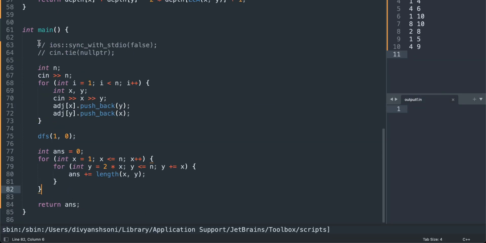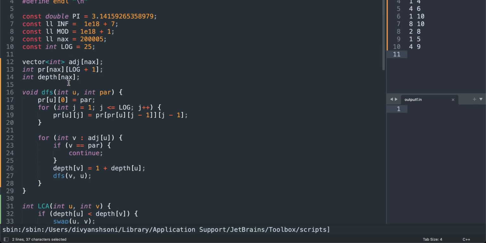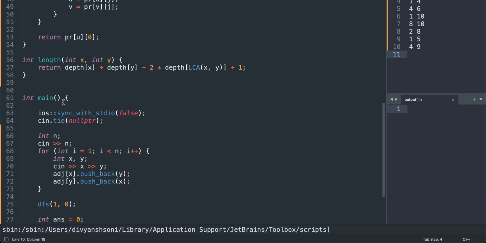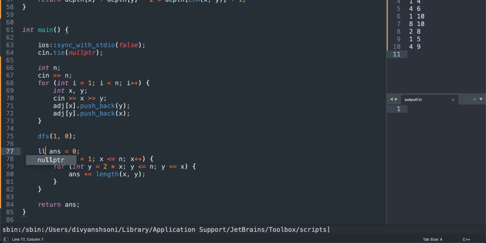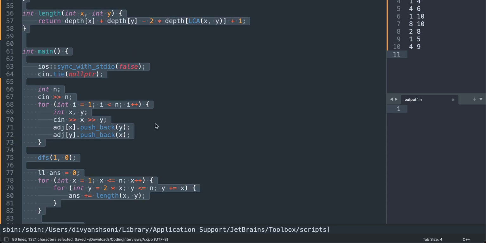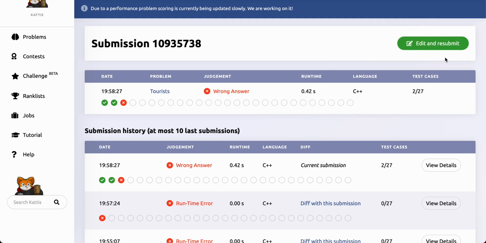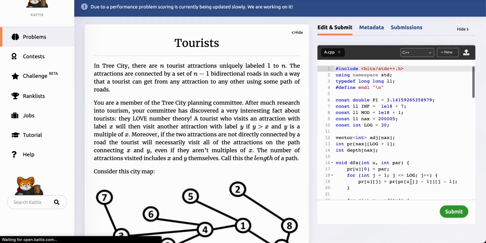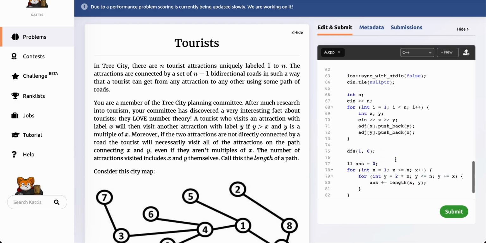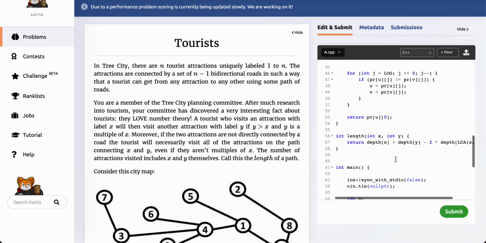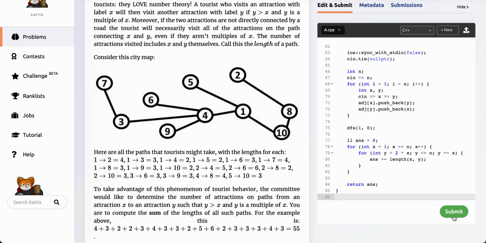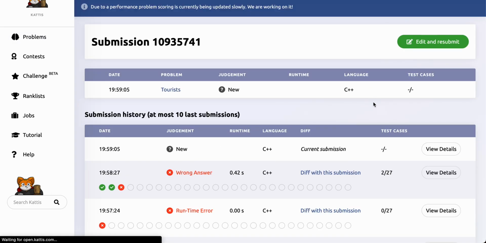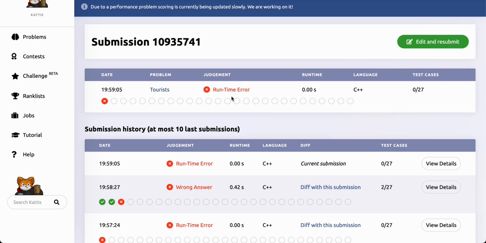Why? Let's remove all this. Let's make it 25. Okay. Let's make it long. Now, the length between two nodes will always be an integer only. Okay.